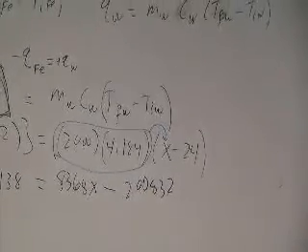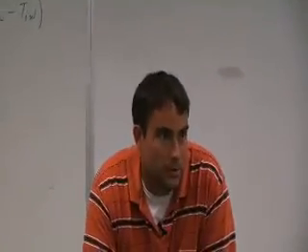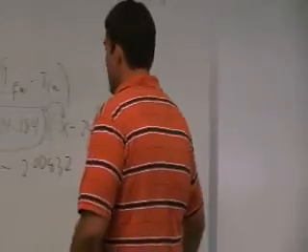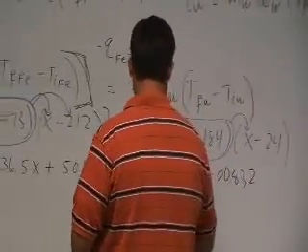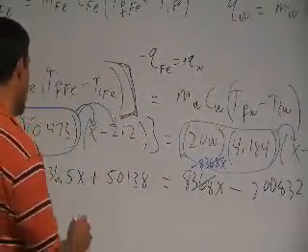Now what do you want to do? How do you want to solve this? You want to combine like terms. Which side do you want to do what to? X is on the left. Again, it doesn't matter here, so we're going to subtract 8,368x here, which cancels out, and negative 8,368x here.